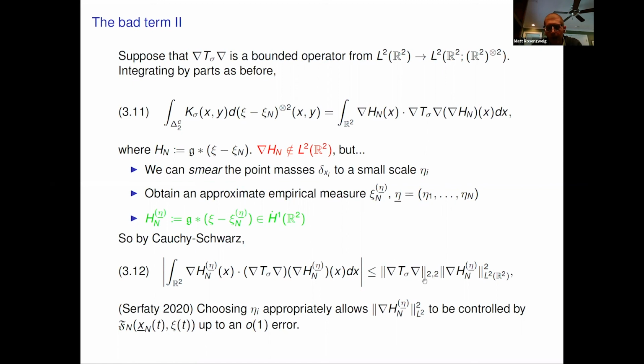And this is just the operator norm of nabla T sigma nabla, and then the L2 norm of the gradient of the smeared out Hn. It was observed in the aforementioned work by Serfaty that if you choose these eta_i appropriately, then the L2 norm of the gradient of the smeared out quantity Hn can be controlled by the modulated energy itself up to some small error, which vanishes as n goes to infinity.